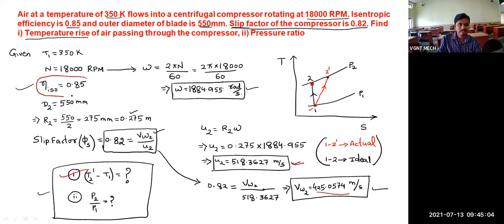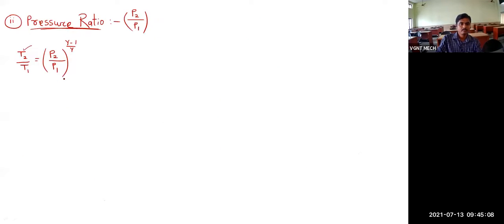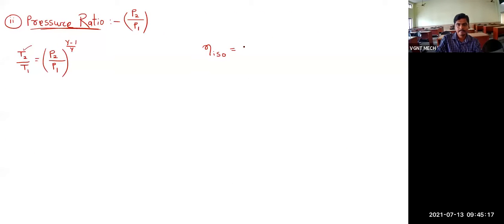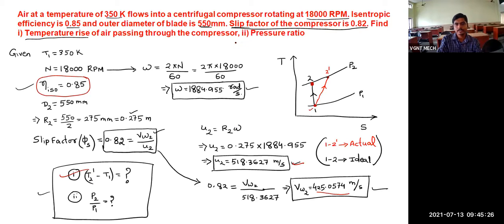So for this, we will take the isentropic efficiency of the compressor. How much is it given? It is given 0.85. So what is the isentropic efficiency formula?